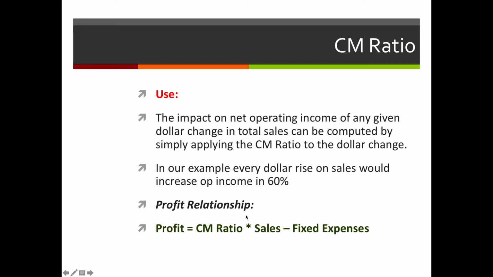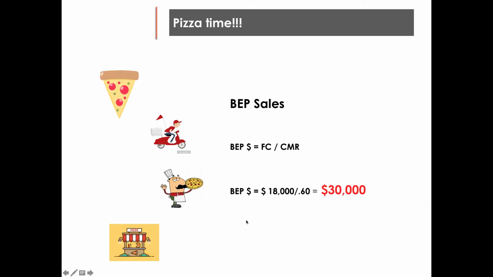This is really, really useful, especially for quick calculations. In our pizza time exercise, the break-even point in sales, I mean money, not units, money of sales, we will have our fixed cost divided by our contribution margin ratio, for having the equation this way. 18,000 pesos divided by 0.60, we will see that at 30,000 pesos of sales a month, we will be in break-even.